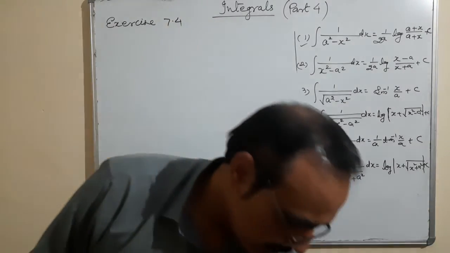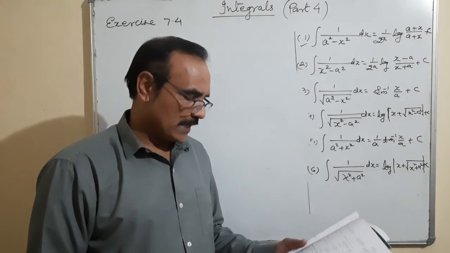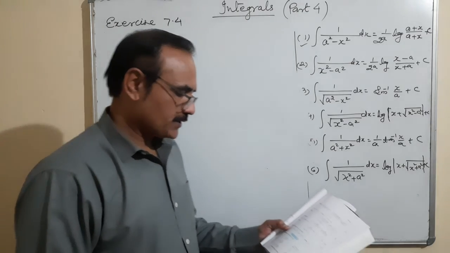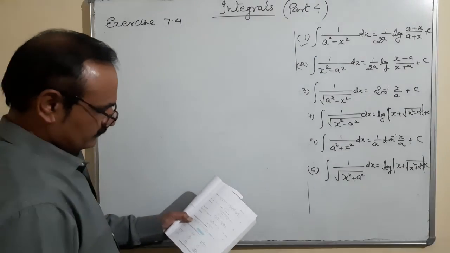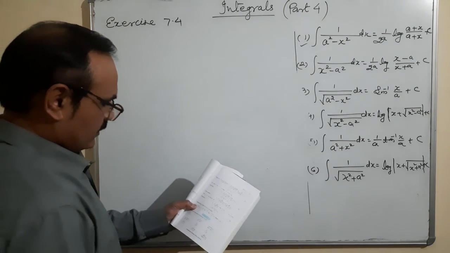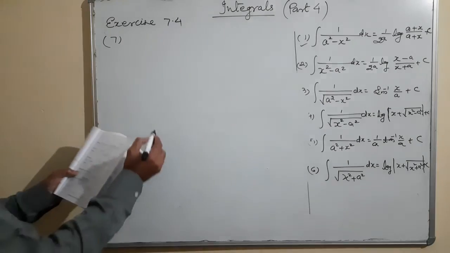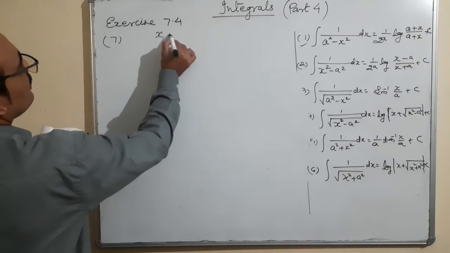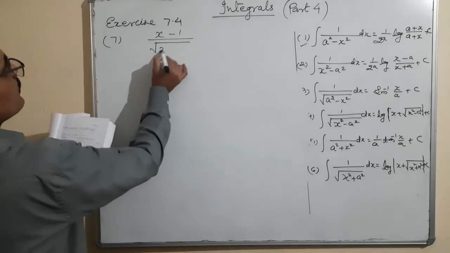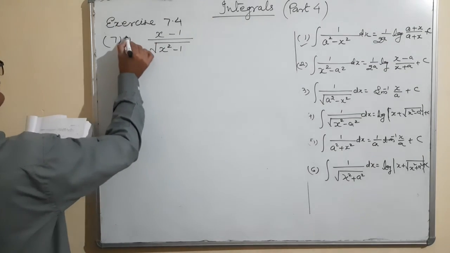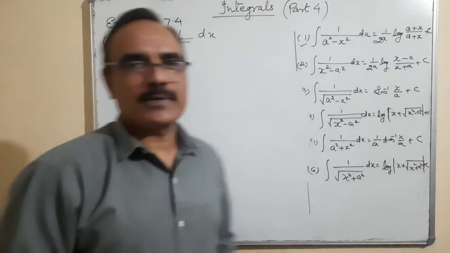All other questions from 1 to 9 are of the same type. I am taking one more question, question number 7: x minus 1 upon under root x square minus 1.